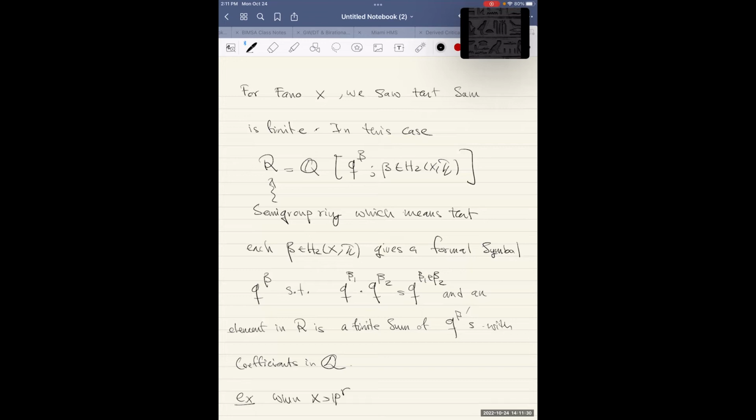Okay, if it is the projective space, its canonical bundle is O(-r-1). R is positive, so it's anti-numerically effective.